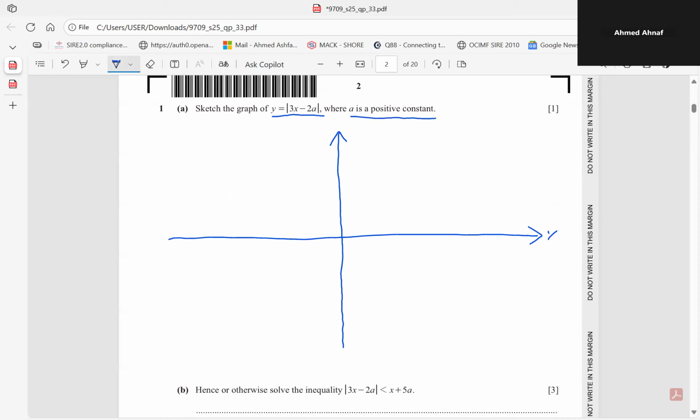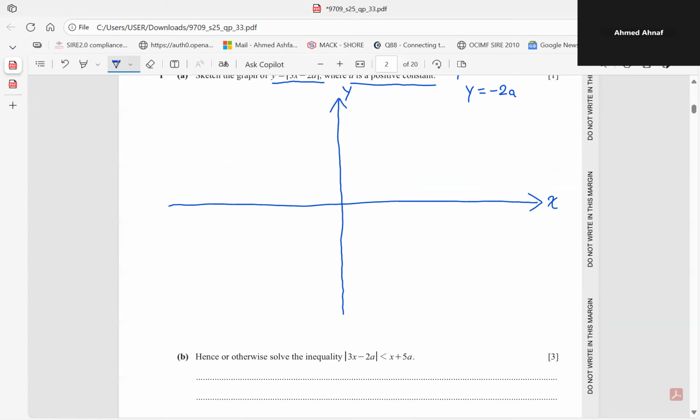So this would be our x-axis and this would be our y-axis. And now we should locate our x and y intercepts of the normal line y equals 3x minus 2a. For the y coordinate, just substitute x equals 0, you'll get y equals minus 2a. So this would be right here.